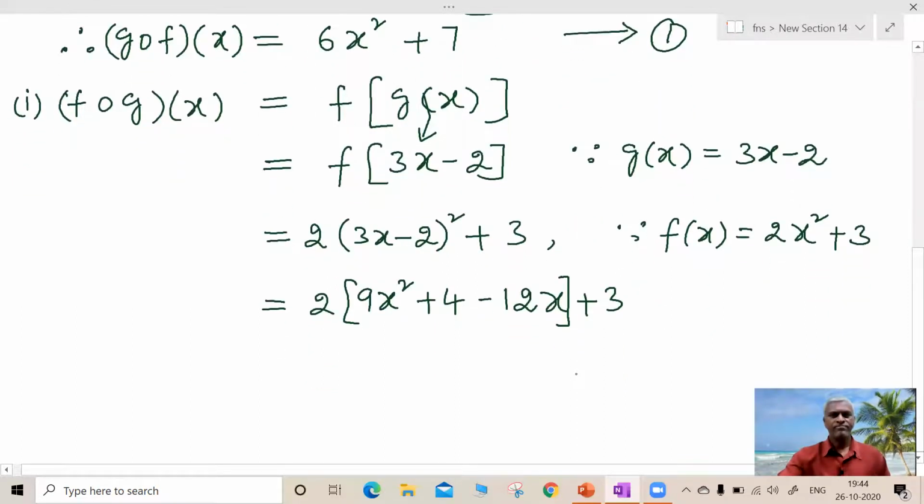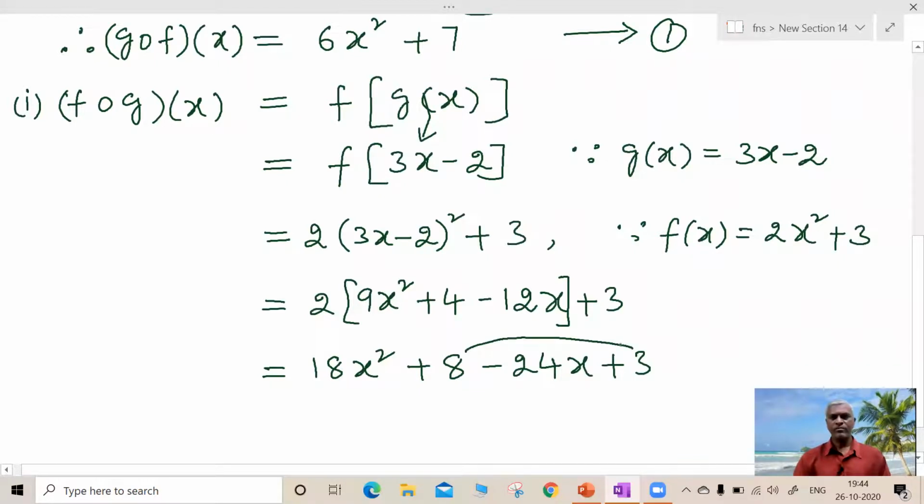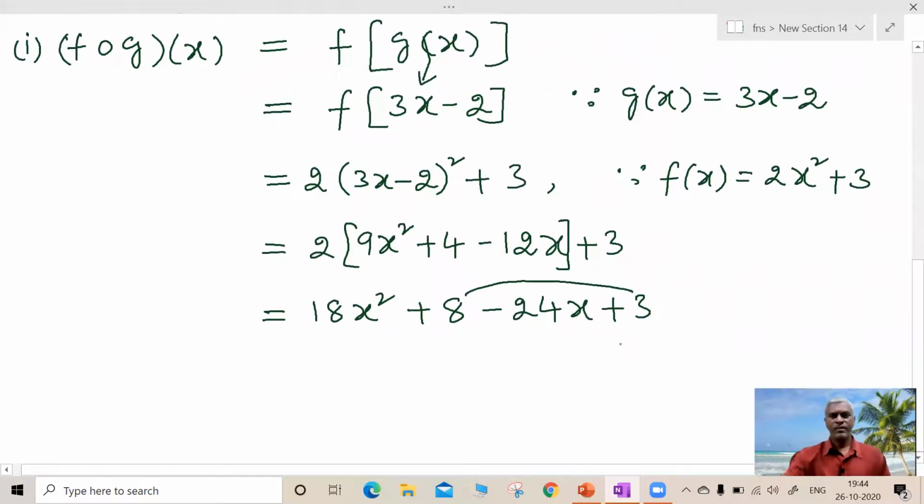So now multiplying with 2: 2 times 9 is 18, 2 times 4 is 8, 2 times 12 is 24x, plus 3, and 8 plus 3.